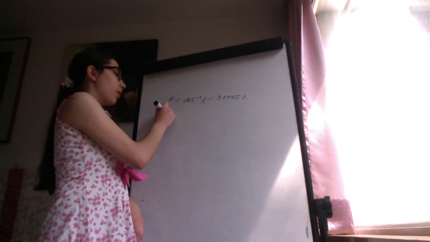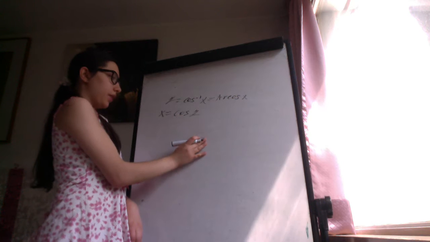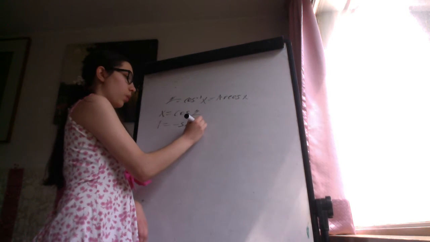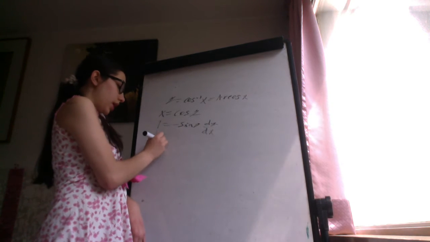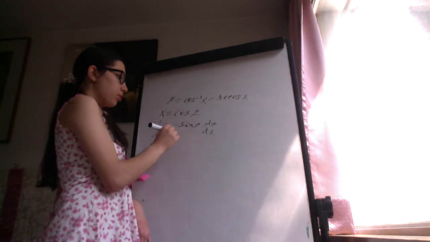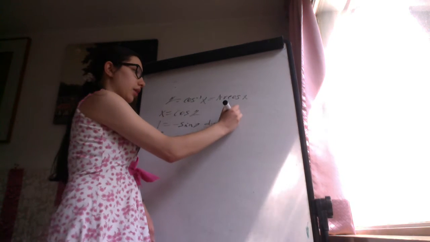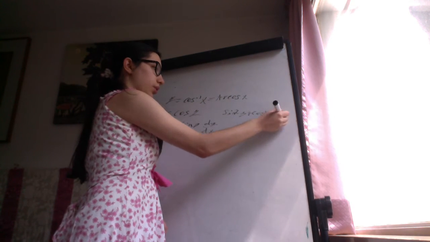So here we have x is equal to cosine y. Implicit differentiation: 1 is equal to minus sine y dy/dx. So dy/dx is equal to minus 1 over sine y. Remember, sine squared y plus cosine squared y is equal to 1.